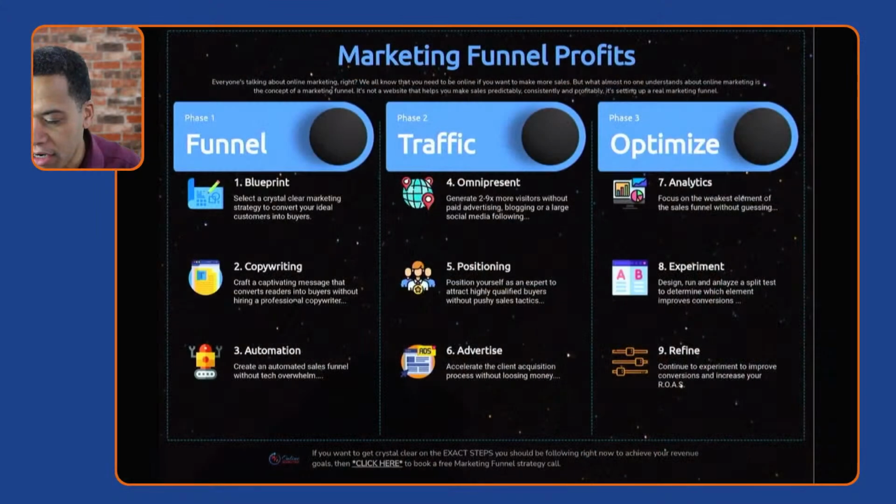So if we go to our cheat sheet here, once again, guys, this is Funnel Optimization Thursday, and it's all based upon my marketing funnel profit system, right? We have basically 3 phases in the system. The first phase is our funnels.